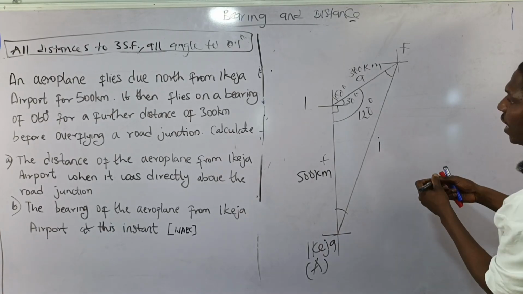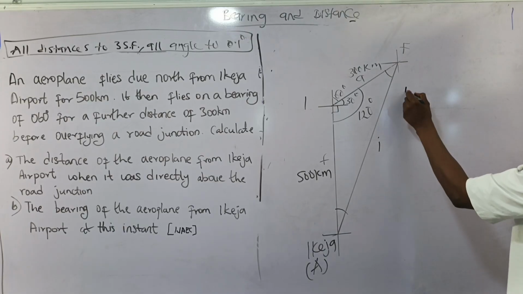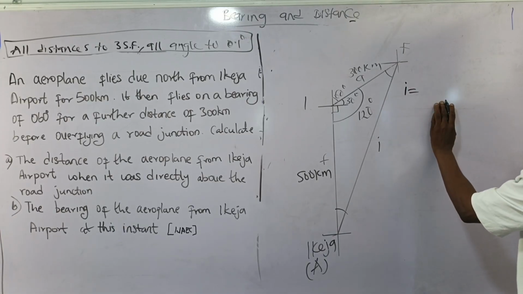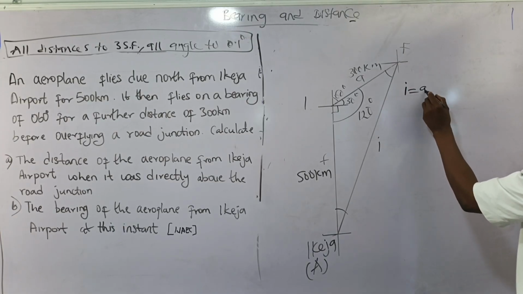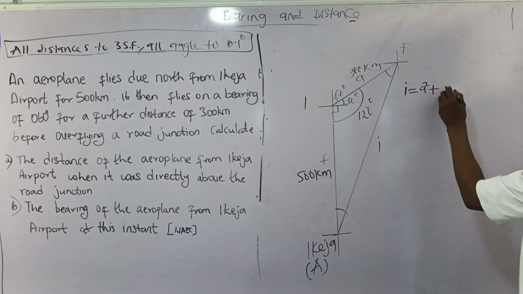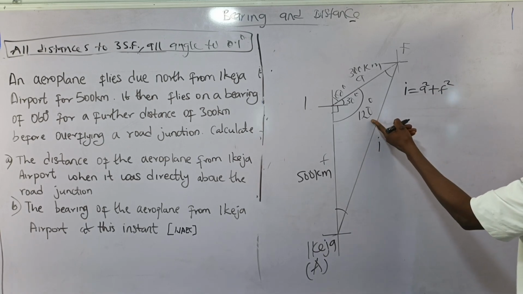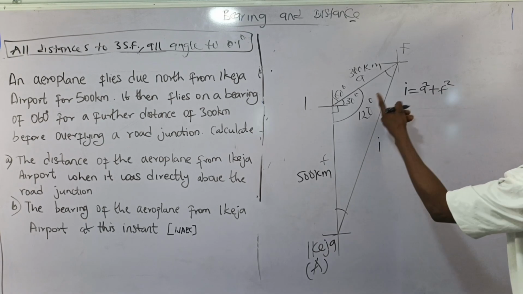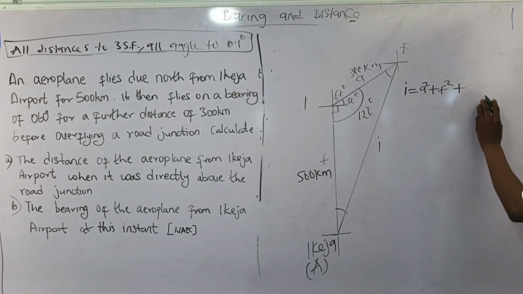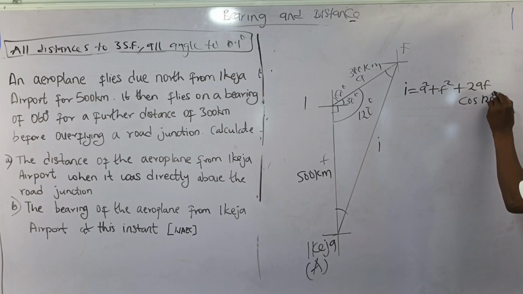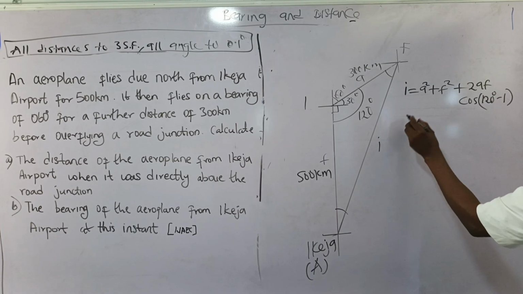So, using my formula, I will have small letter I squared equals small letter A squared plus small letter F squared. I'll use plus because this is greater than 90 degrees, an obtuse triangle. So I have plus 2AF cos of 180 degrees minus the angle.